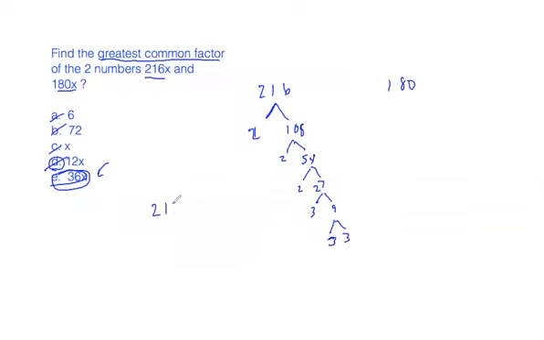So then we've got 216 is 2 cubed times 3 cubed. And 180, I could go 10 and 18, and 2 and 5, and this would be 2 and 3 and 3. So I've got 2 squared, 3 squared times 5.